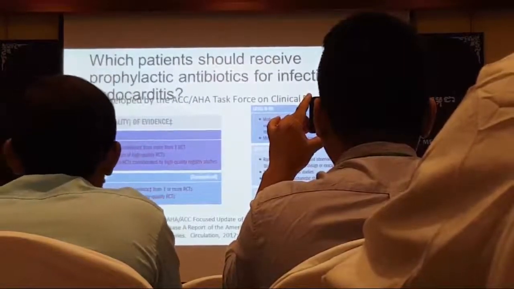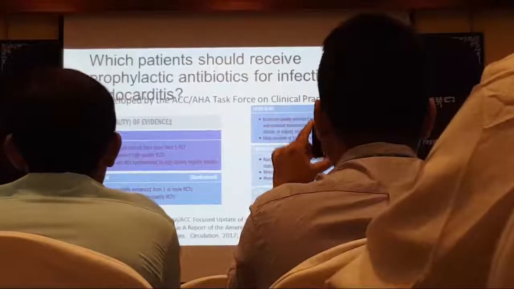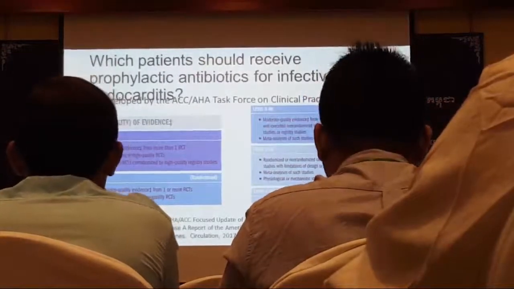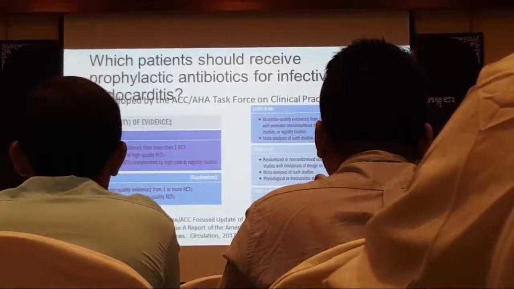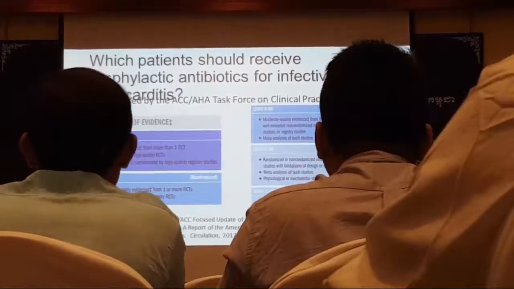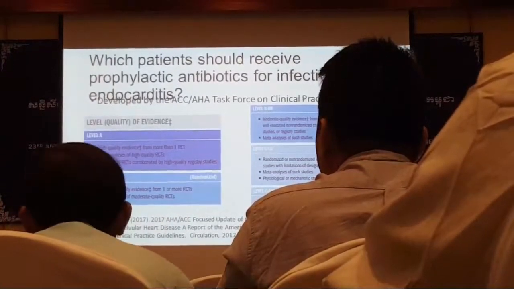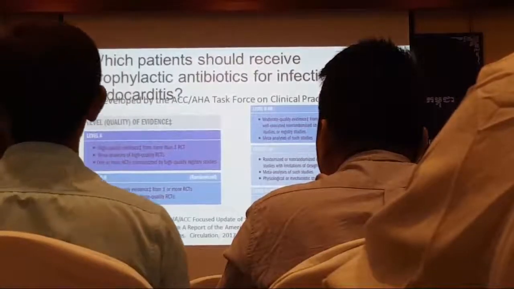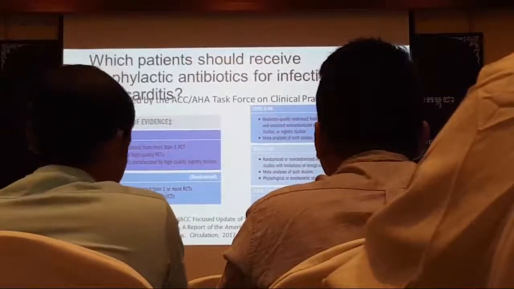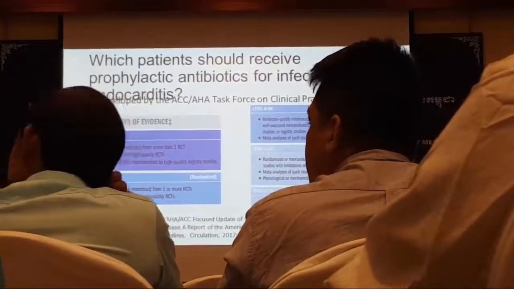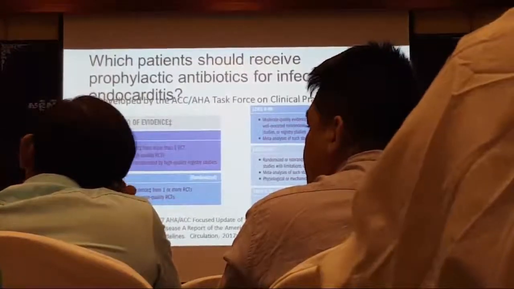Another way that we classify is the amount of evidence. If there's a great deal of evidence, it means that there are good randomized controlled trials with possibly meta-analysis that takes a summary of those randomized controlled trials.